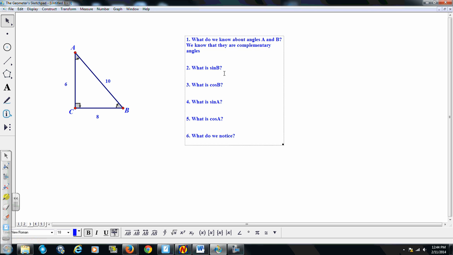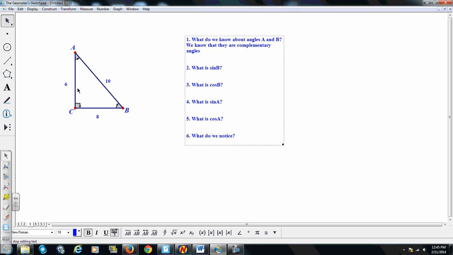Now let's look at the relationships of the sine and cosine of each angle. First, let's find the sine and cosine of angle B. So angle B is going to be our reference angle. For sine, we need the opposite over the hypotenuse. Our hypotenuse has to be 10 because it's sitting right across from the right angle. Angle B is sitting right on top of 8, so 8 can't be the opposite because the segment is helping make that angle.